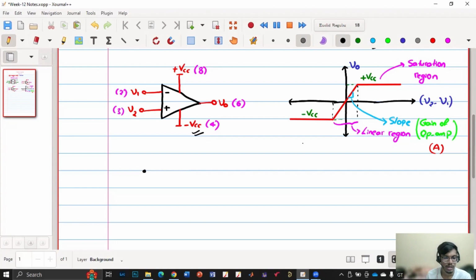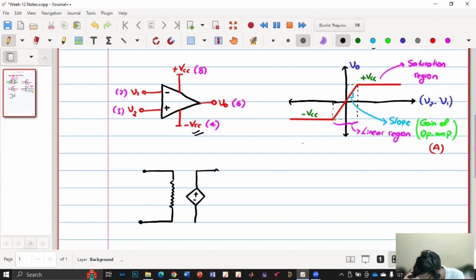The op amp has input resistance, output resistance, and gain A. So this is our V1, and this is our V2. This is our R in, and this is A times V2 minus V1, and this is our R naught, and this is our V naught.